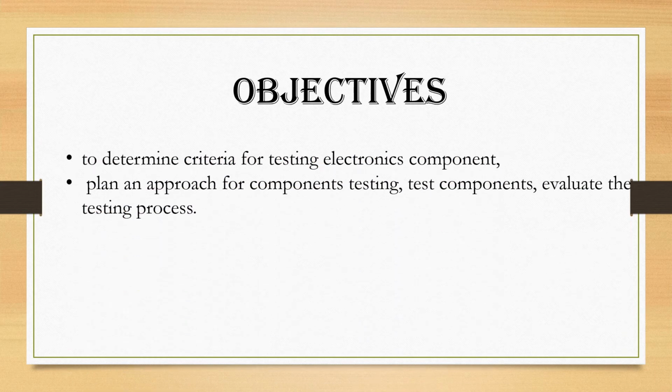At the end of the lesson, you should be able to determine criteria for testing electronic components, plan an appropriate approach for component testing, evaluate the testing processes, and practice occupational health and safety at work.